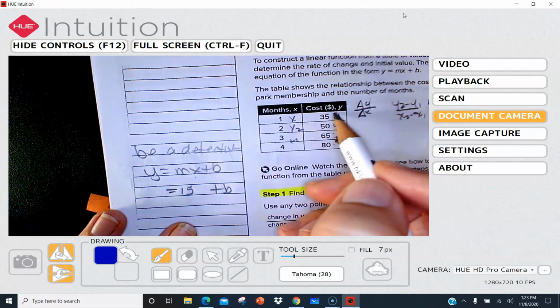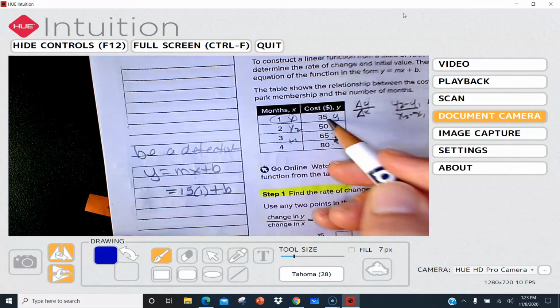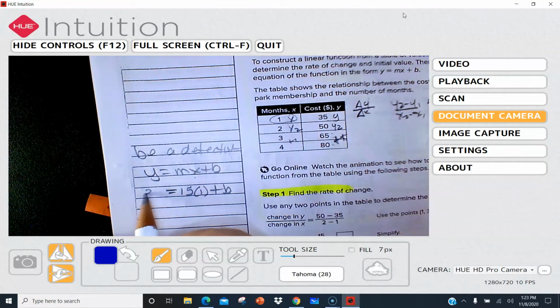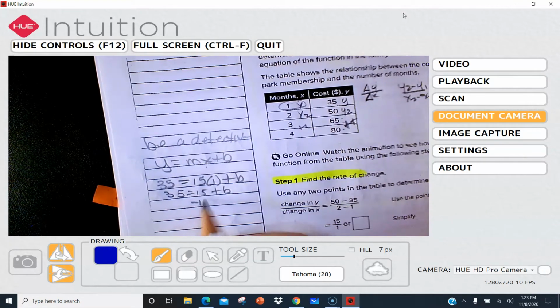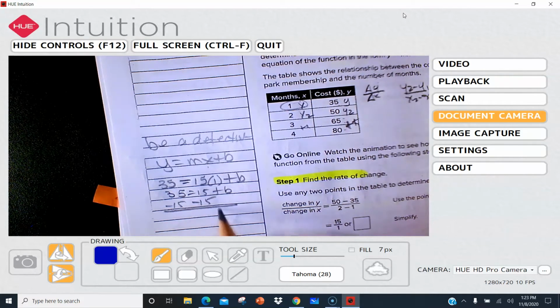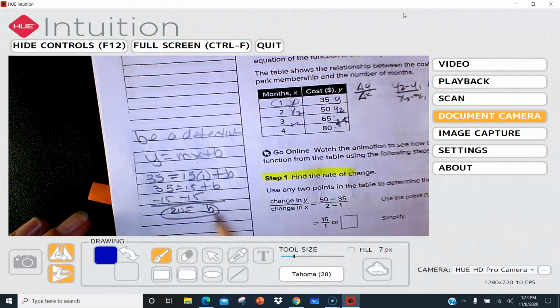I have 4 of them, actually. I have a y. You want to use the same x that goes to the same y. I use that same pair. So when I do this, I could now find my b, because, as you know, it's all on the same line. So my b is 20.